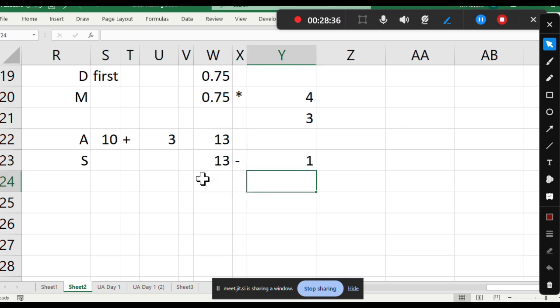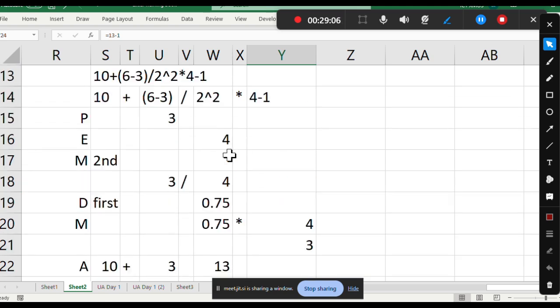So 13 minus 1, our total answer will now be 13 minus 1. That's the answer. Can you see that? So that is how this PEDMAS works.